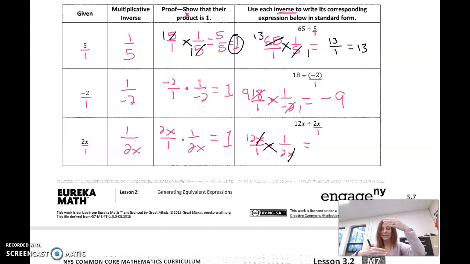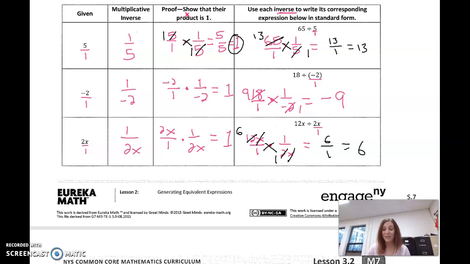If you have x on the top and x on the bottom, they cancel out to 1. They divide out to 1. And then we can think of this as well. Or you can think of it as 2x goes into 12x how many times? Well, 2 goes into itself 1 time, or 1x. That goes into 12x 6 times. Okay? And whether you go 6 times 1, you get 6, and 1 times 1, you get 1, you get 6 for your solution. Okay?